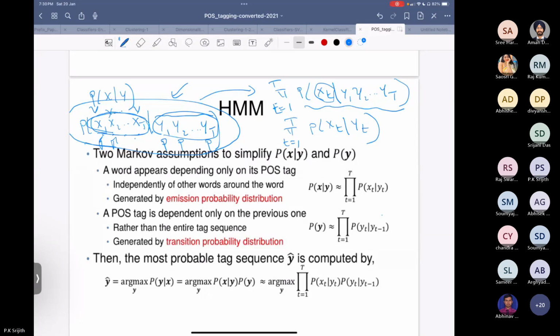So this is the first assumption on modeling p of x given y that is made by a hidden Markov model.